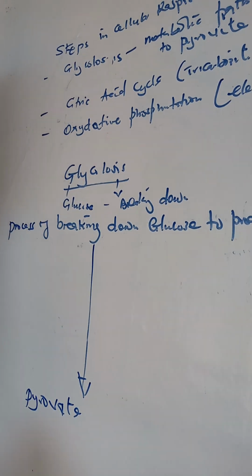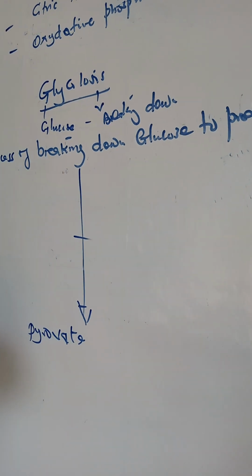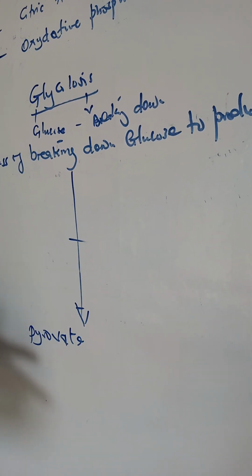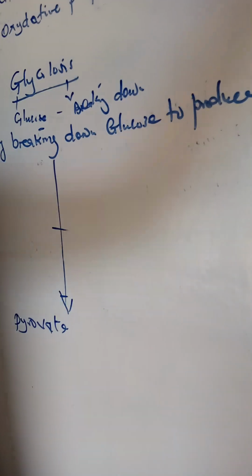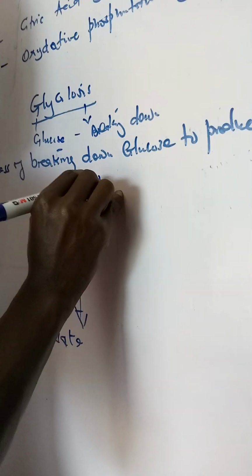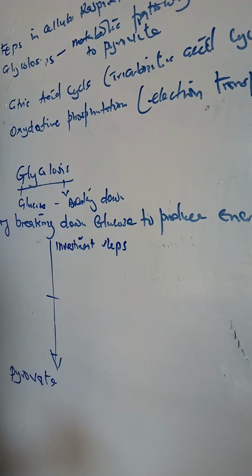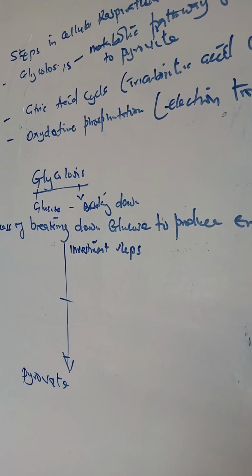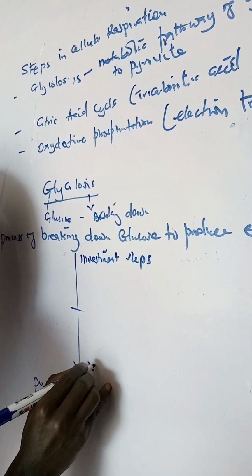Now, the first five steps, you can name them investment steps. Then the last 5 steps, you can name them profit steps.